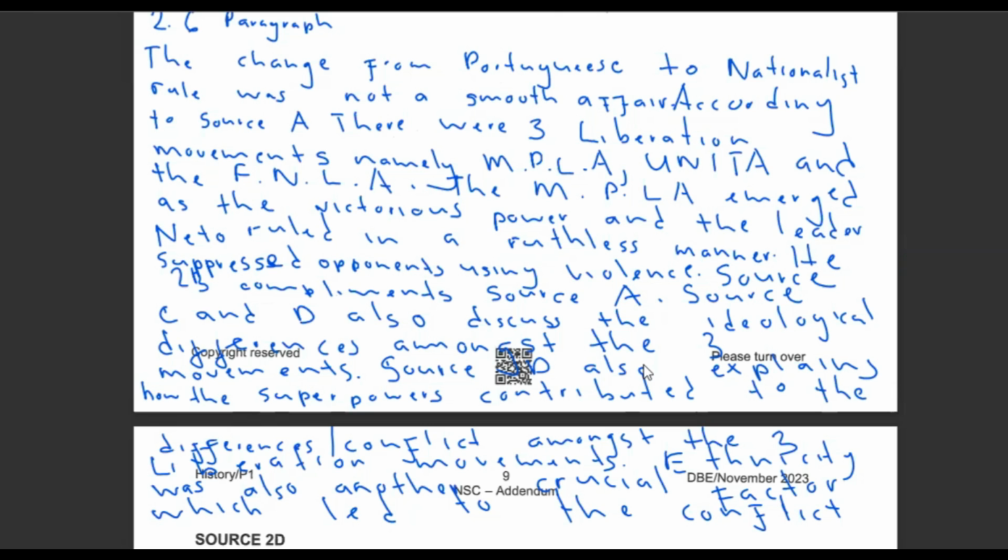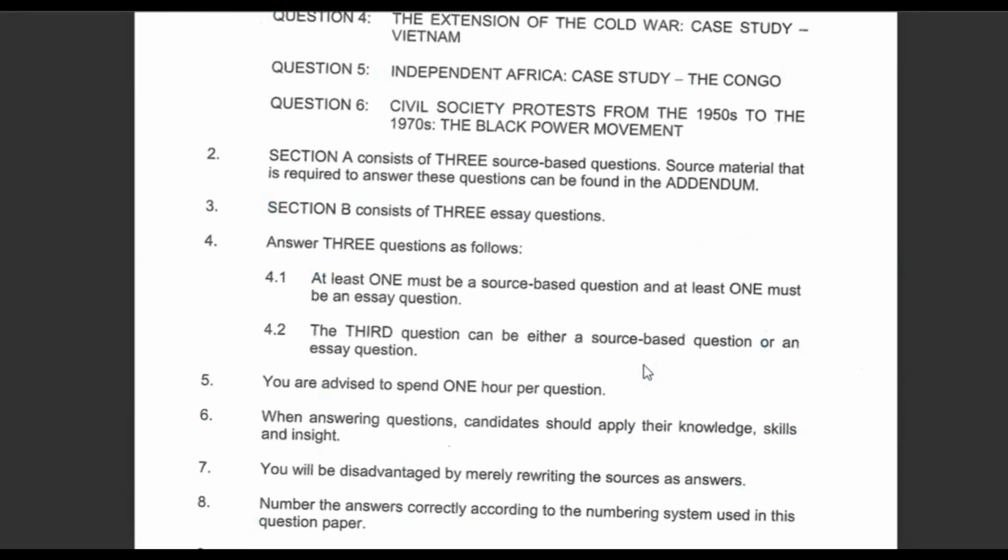Then ethnicity was also another crucial factor which led to the conflict. So all those are the factors which led to the three nationalistic movements becoming involved in the Angolan Civil War of 1975. So that is the question. That is the end of question 2.